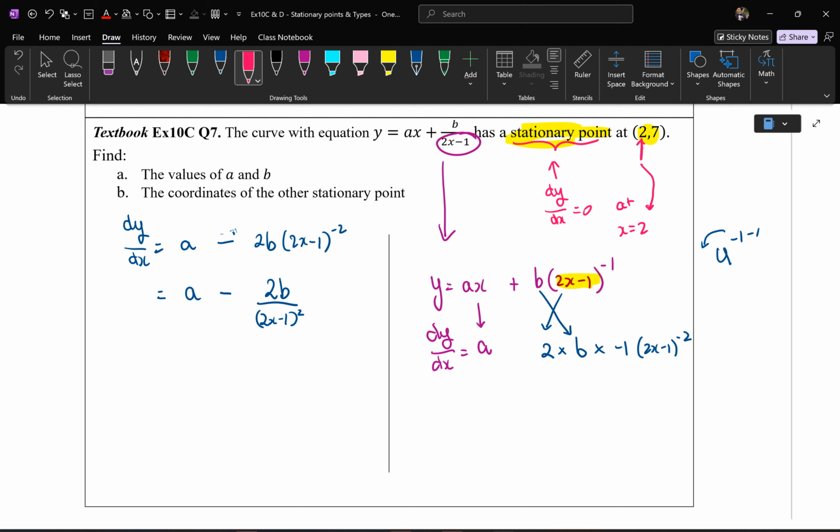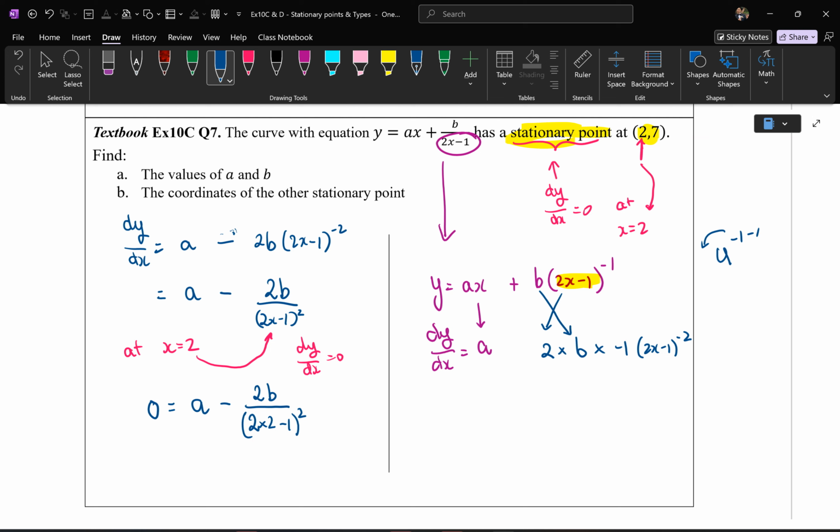So that means if I sub 2 into this equation, the derivative, which is delta y delta x, should equal 0. So my equation should be 0 is equal to a minus 2b over 2 times 2 minus 1 squared.